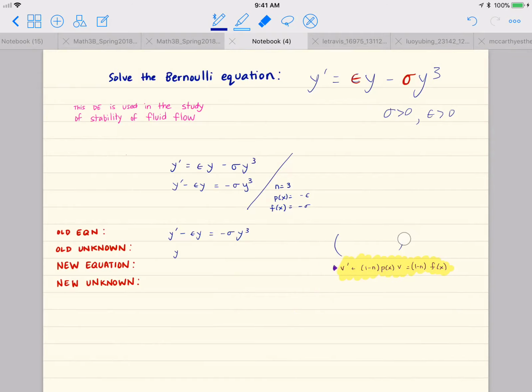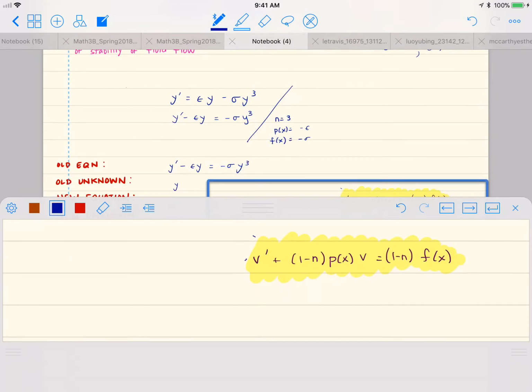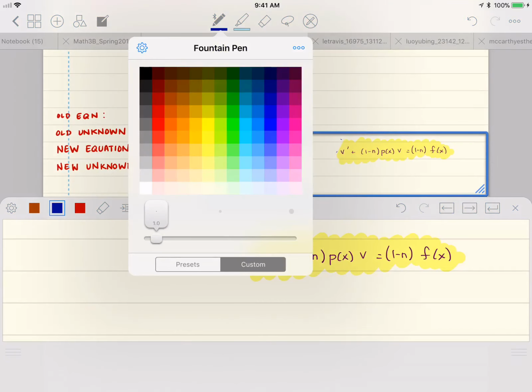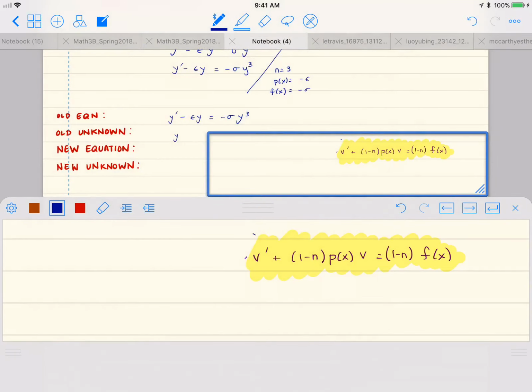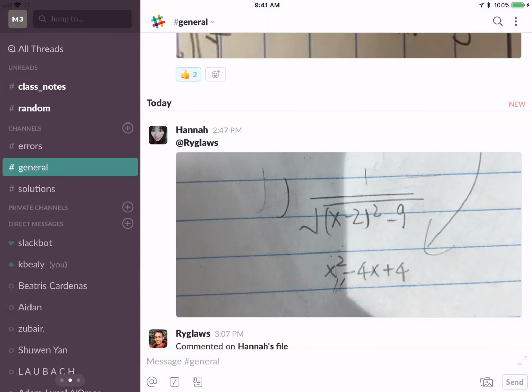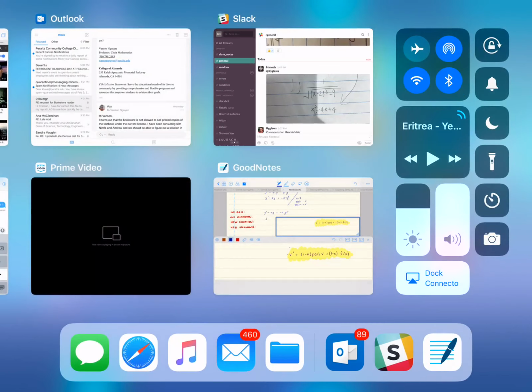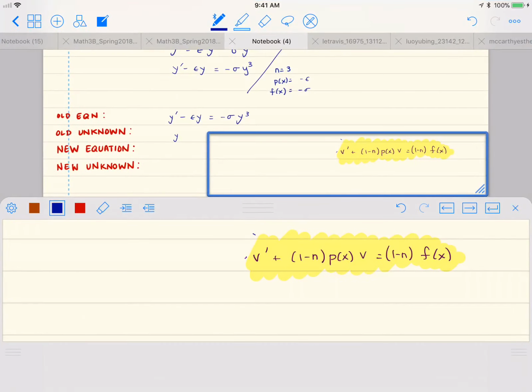Okay. Now I just need to fill this in according to our values for N, P, and F. So N we said is equal to 3, so we'll have 1 minus 3.